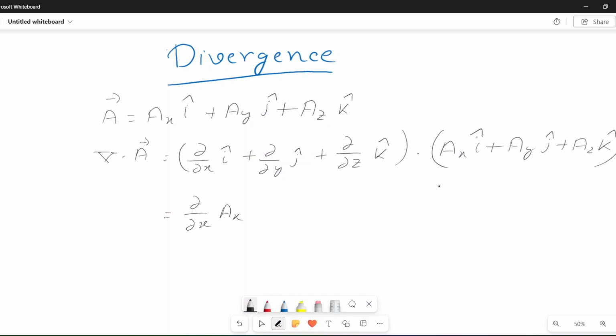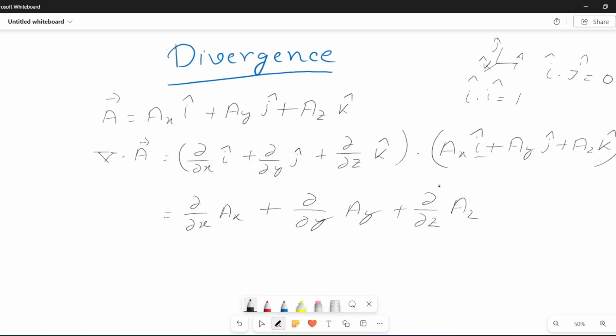We have learned this already in the vector product chapter: i dot i is 1, and i dot j is 0, as these are orthogonal unit vectors in an orthogonal coordinate system. So i dot i is 1, and we can write plus del/del y Ay plus del/del z Az.